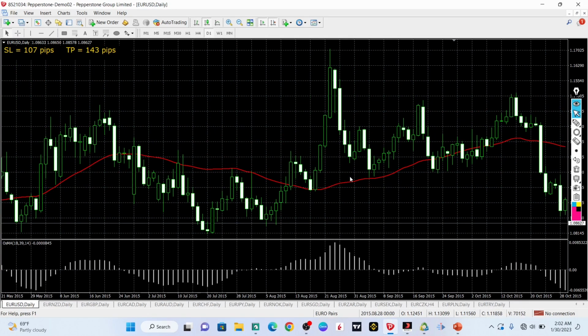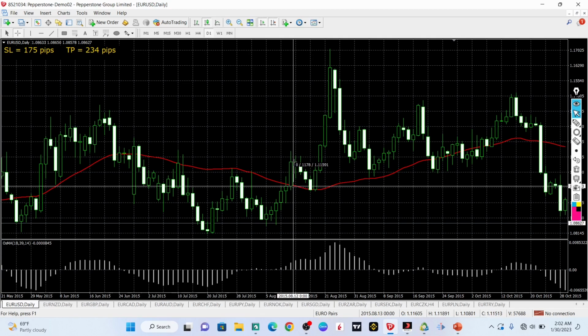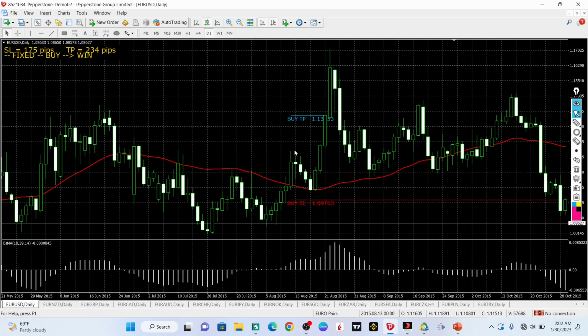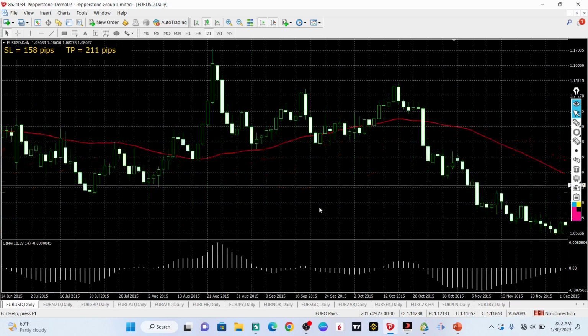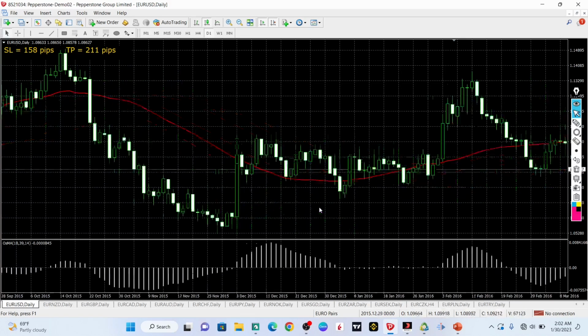So for example here, you can see that this is a baseline, and the price has closed from here. That's 111 pips. But you're going to enter from here, that is 170 pips. It was still okay. It is still within the 180 zone.